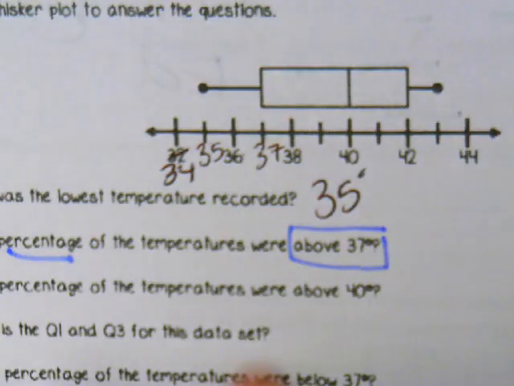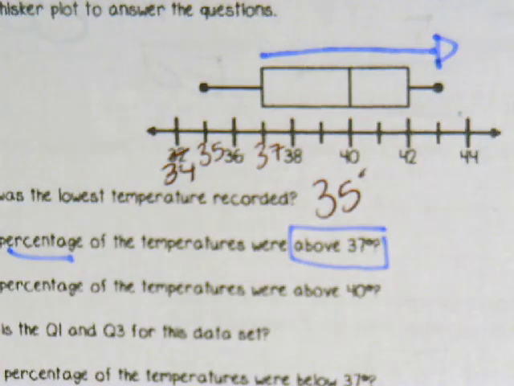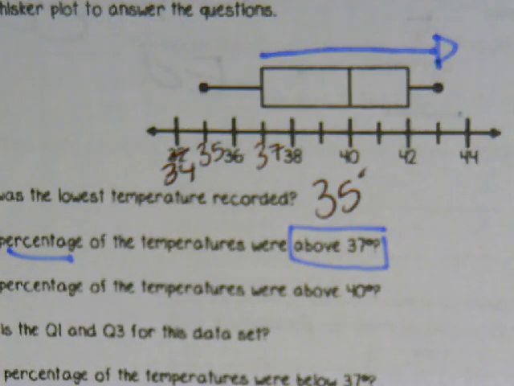All right. What percentage of temperatures is above 37? Where's 37? Right here. I'm looking for above. How many sections do I have that has 25%? 3. 25, 25, 25. So what's our total percent? Oh, it's 25 each time.